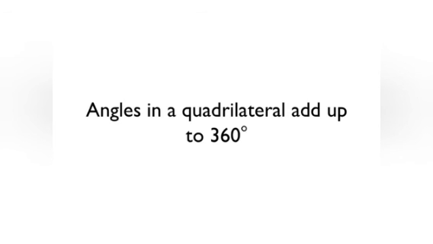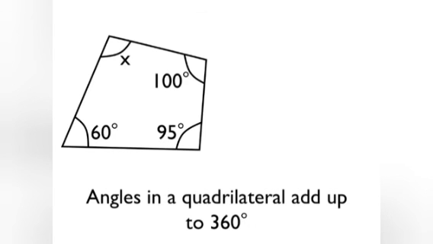Now, before we proceed, I want you to answer these questions that follow. Okay, so in this example, you're required to find x in this quadrilateral. Do not forget that the sum of angles in a quadrilateral adds up to 360 degrees.